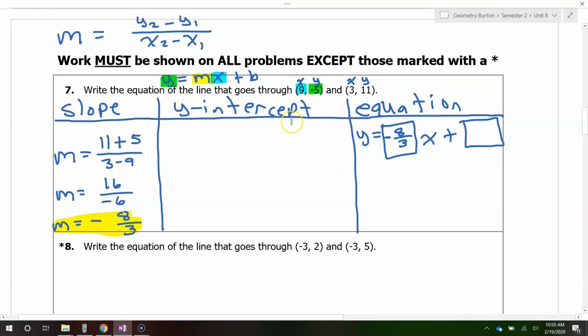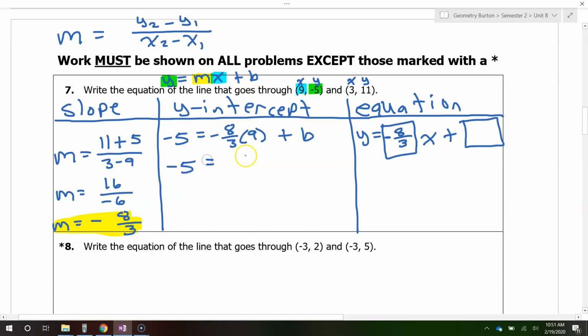It's negative 5. So I'm going to plug all of those things in. So the y is negative 5. So I'm going to go negative 5 equals. Next comes the m. That's negative 8 over 3. All right. Next comes the x. That's 9. And then we just have plus b, and the b value is what we are trying to find.